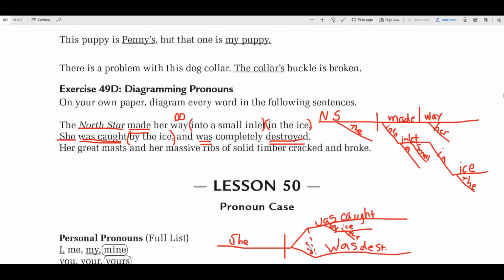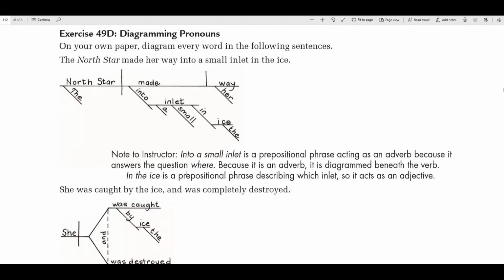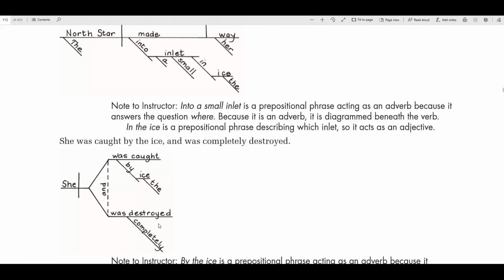Okay, there's and. So we got she was caught, and then by the ice, and then we have was destroyed. Now completely is the adverb that tells how it was destroyed. So it's going to go right down here, and I don't have room to write it, but you'll write completely right there, and then that should be correct. There we go.